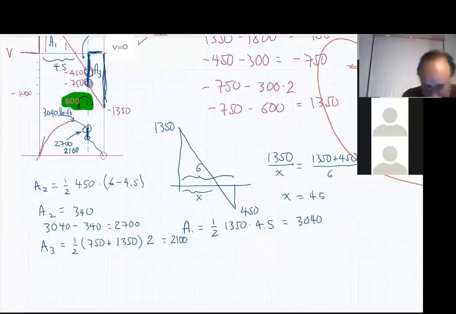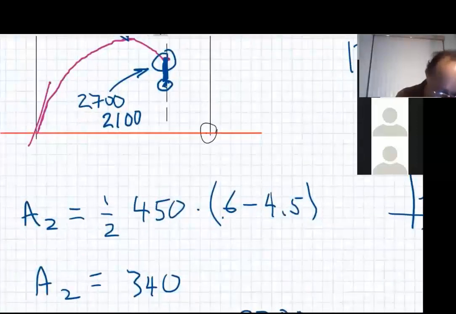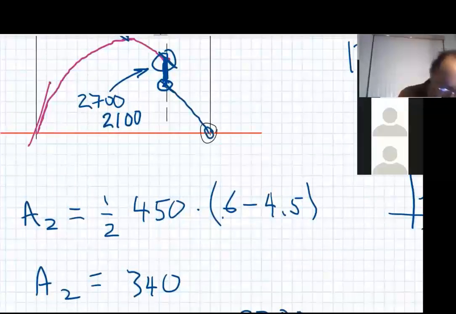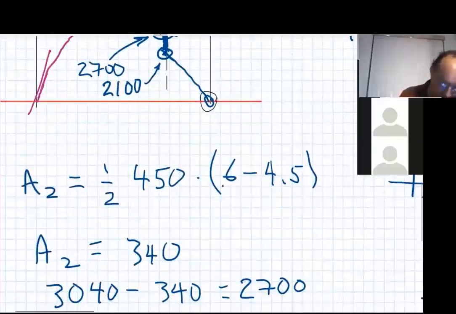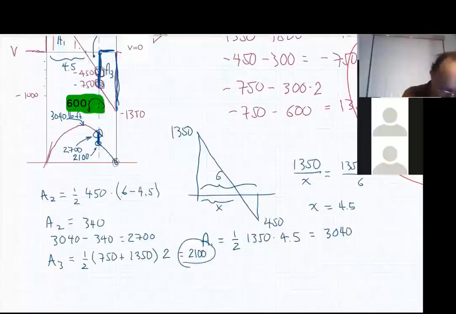It's very difficult to see in this little diagram, but you start here with the same slope that you ended up with, and then increase the slope until you get to this point. You start at 2100, and area 3 is 2100, so 2100 minus 2100 gets you to 0 at the end.